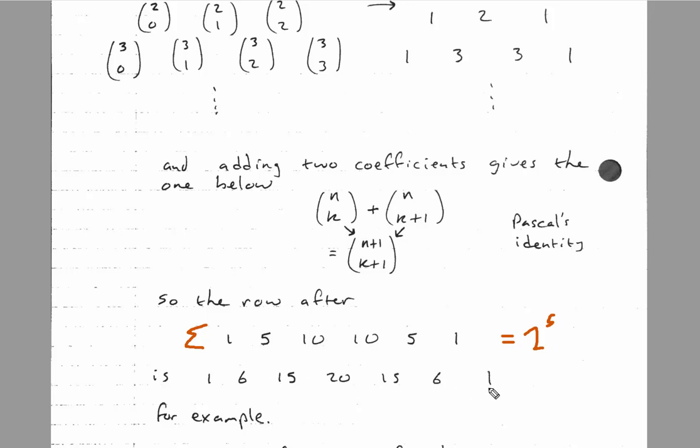And if you add all of these, well, 1 plus 6 is 7, 22, 42, 42 and 15 is 57, plus 6, 63, plus 1, 64. So that's 2 to the power of 6. So summing the rows in Pascal's triangle, you always get a power of 2, and it's always this power of 2.